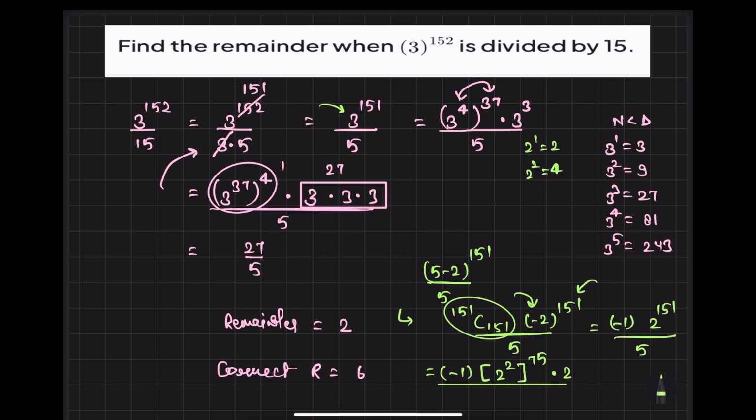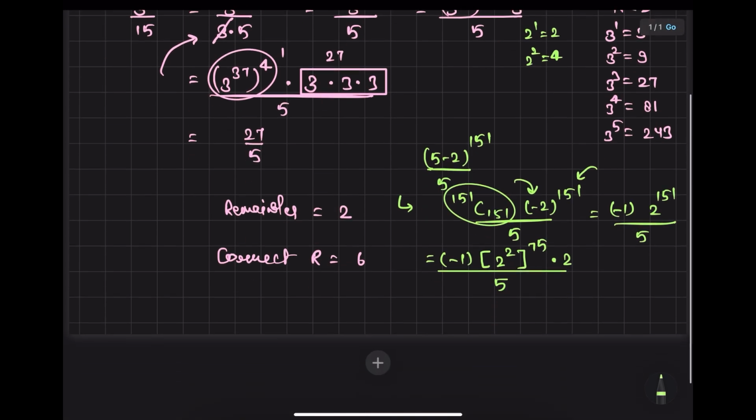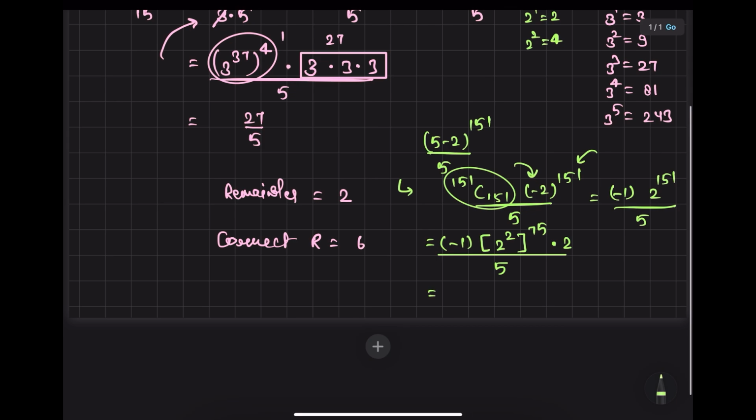Now let's do a little more simplification. So it is minus 1, we have minus, sorry, plus of 2, and then 4 to the power 75, which we can write as (5 minus 1) to the power 75.